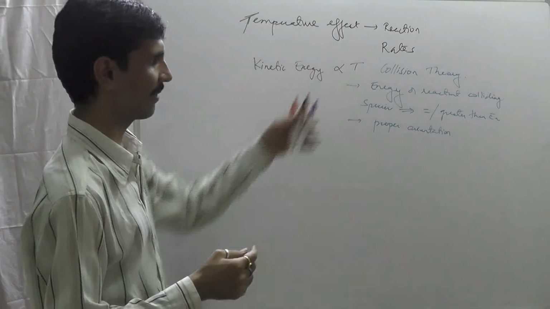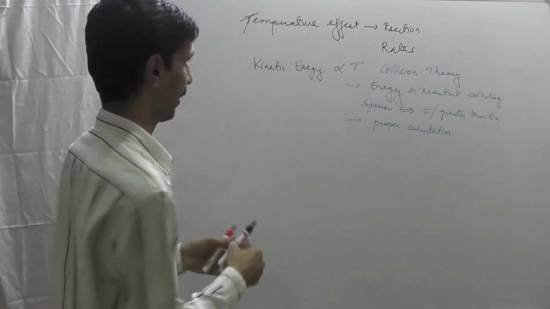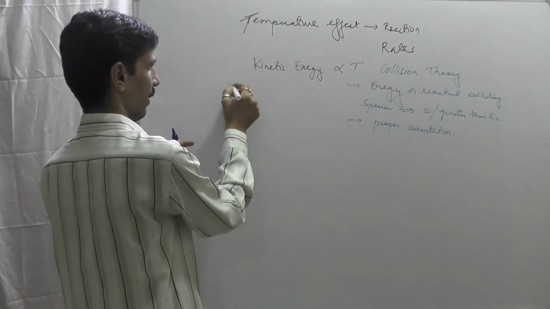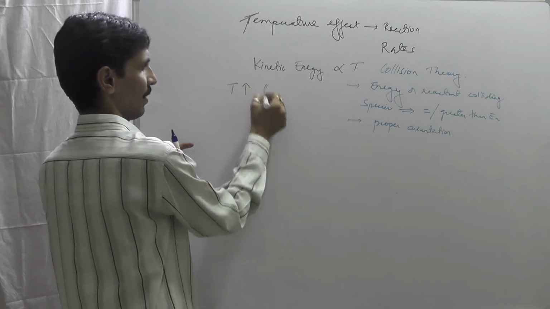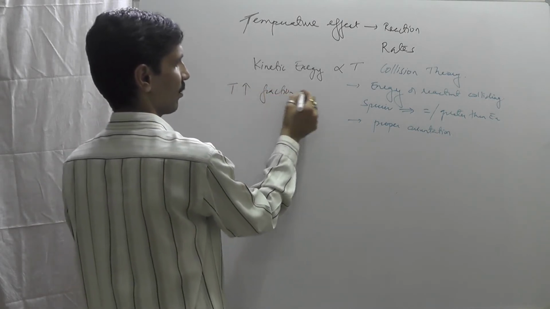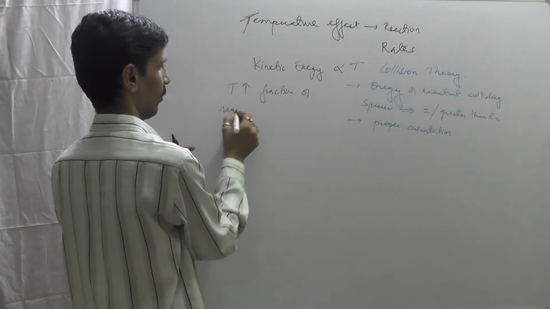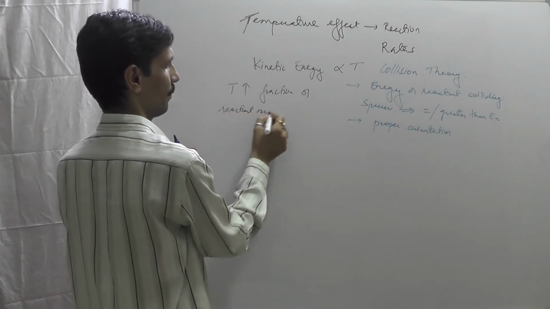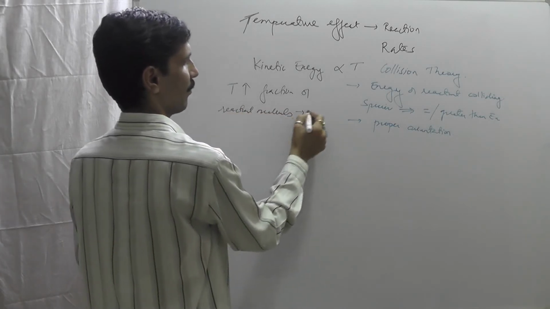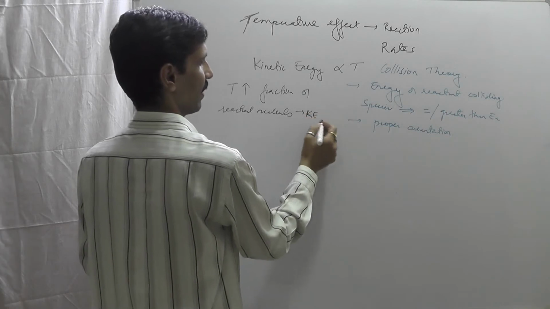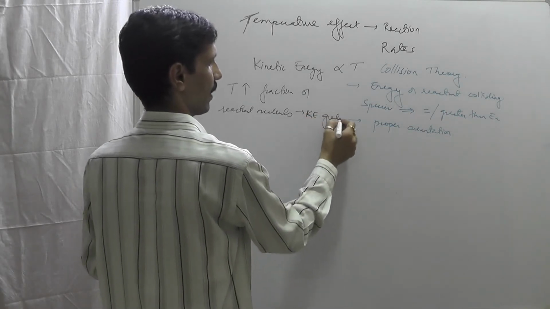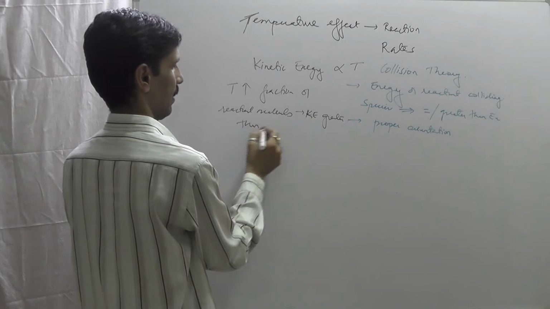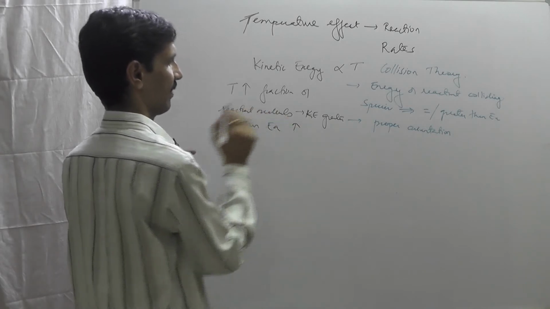So now when we talk about energy, what we can say is that with the increase in temperature, the fraction of the molecules, reactant molecules, with kinetic energy greater than the energy of activation increases.